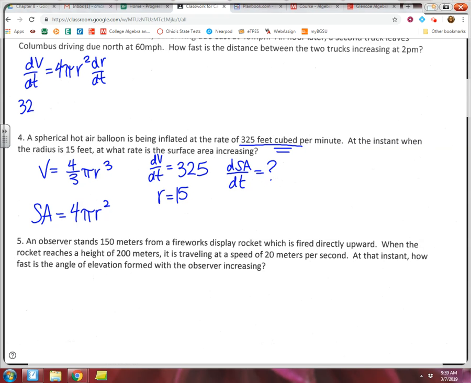dV dt is 325. 4 pi stays. The r is 15, going to be squared, and then I can find dr dt. Why don't you go ahead and do that for me? Leave it as an exact answer for me, Amanda.